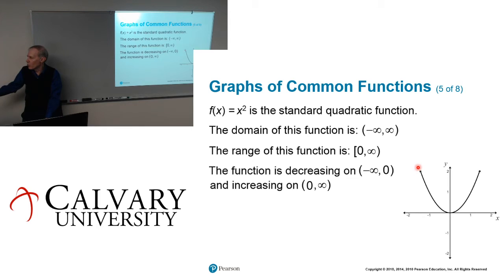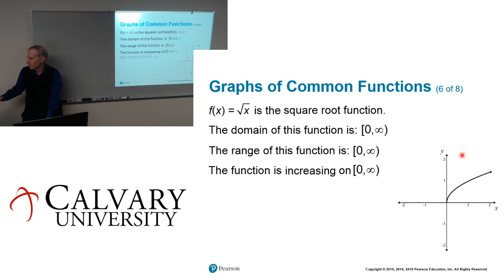A quadratic, which will be part of what we'll look at in a later chapter, is a curve that looks like this, that has infinite values for the domain, but the range only goes from 0 to infinity.